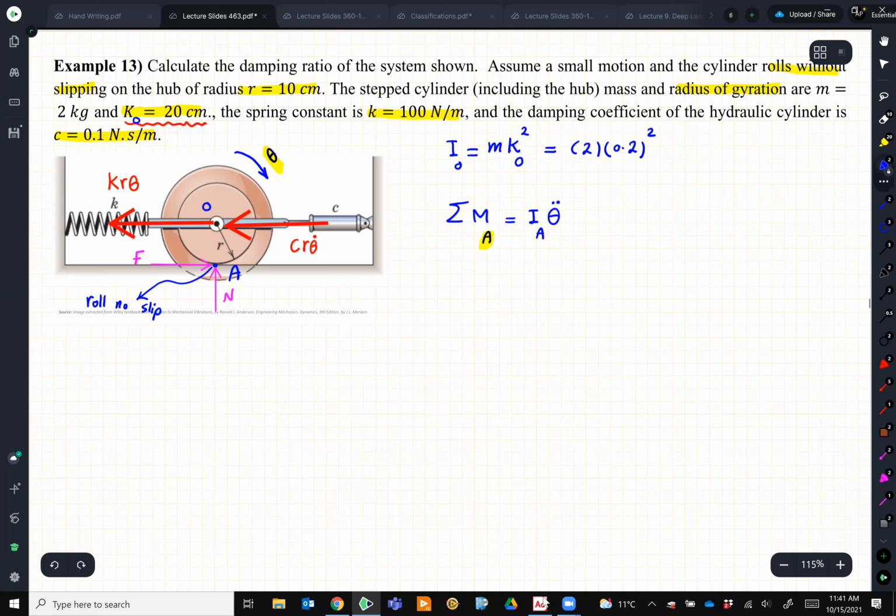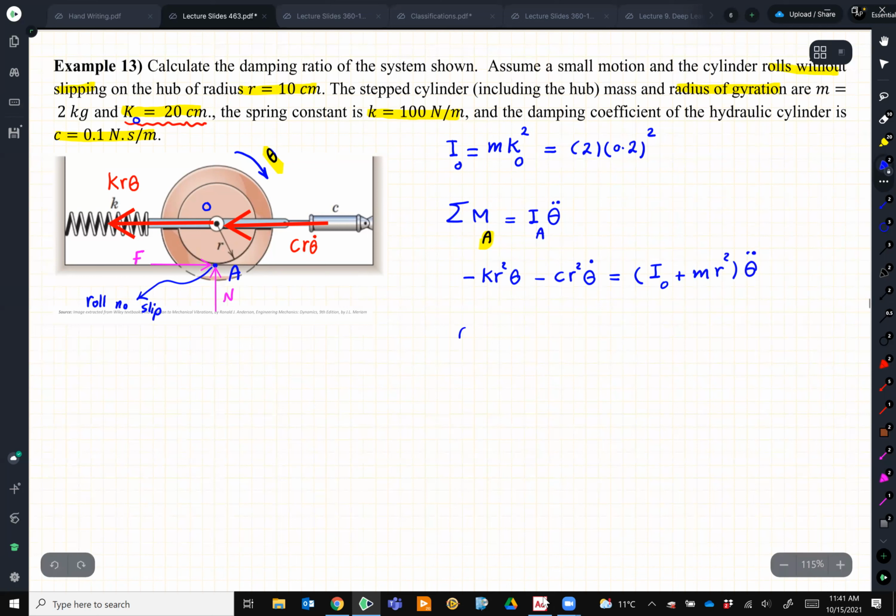So doing that, I will have minus K R squared theta minus C R squared theta dot equal to I_A theta double dot. So we know how to find I_A. It is I_O, and we need to transform the mass moment of inertia, plus M R squared, and this is theta double dot.